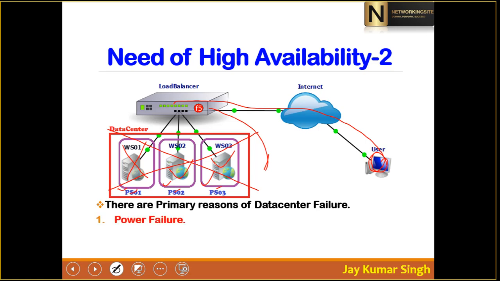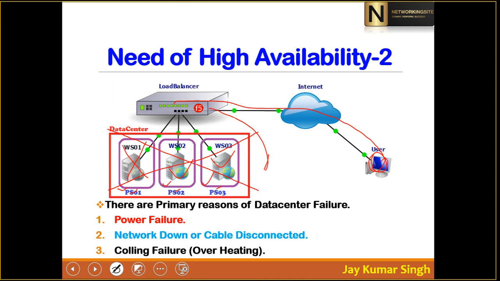First is power failure, maybe there will be no power supply for one day. Second, maybe the network is down or a cable is disconnected. And third, maybe there will be overheating. These are some common problems for data center failure.